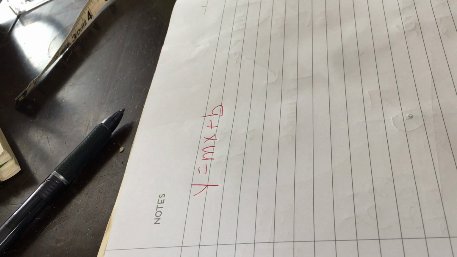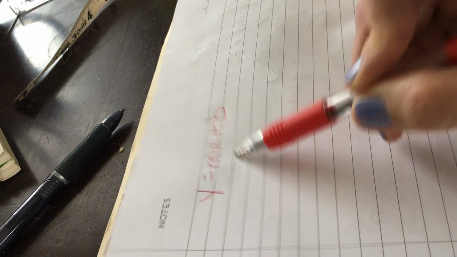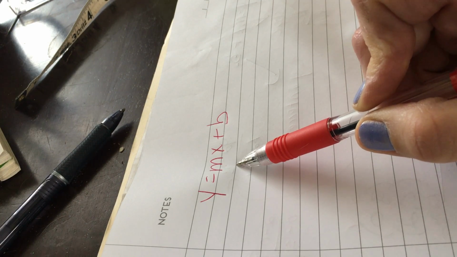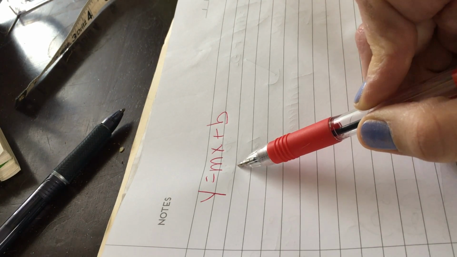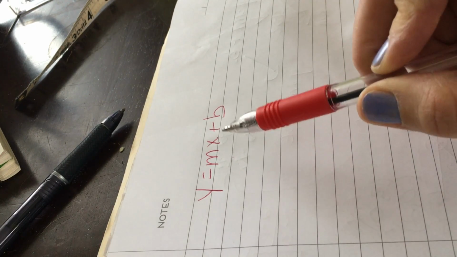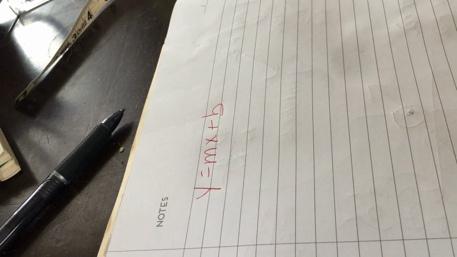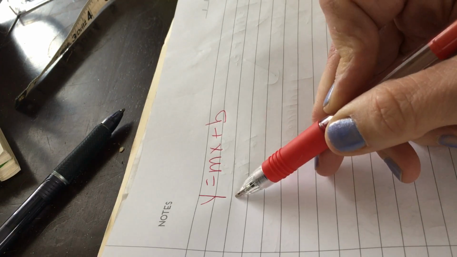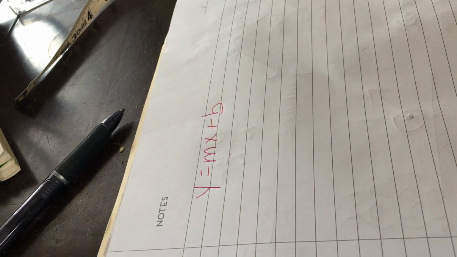If the equation does not look like this, when we're talking about graphing points and slope-intercept form and y-intercept, we have to make it look like that. So if it doesn't, we have to solve for y. So we have to move everything around.